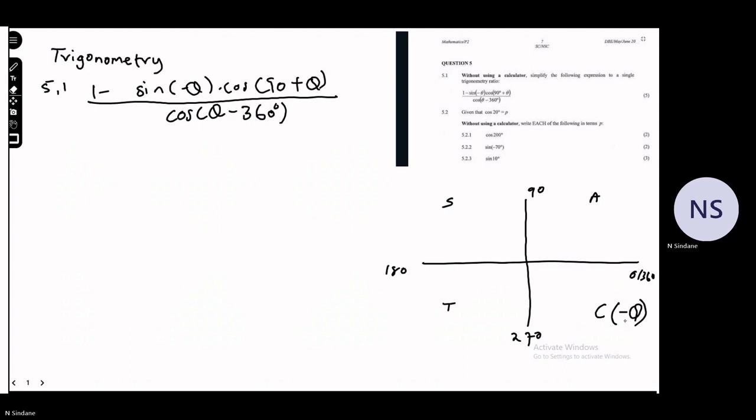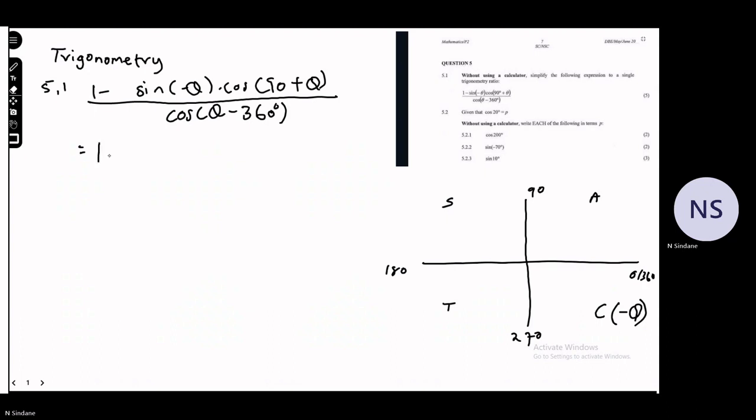Most learners forget that. So with that, I'm also giving you a hint on solving this problem. You can actually pause this and try to solve it yourself, and after that, you can play the video to see where you went wrong.